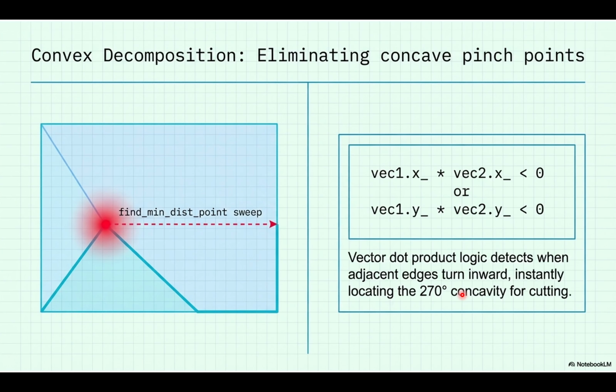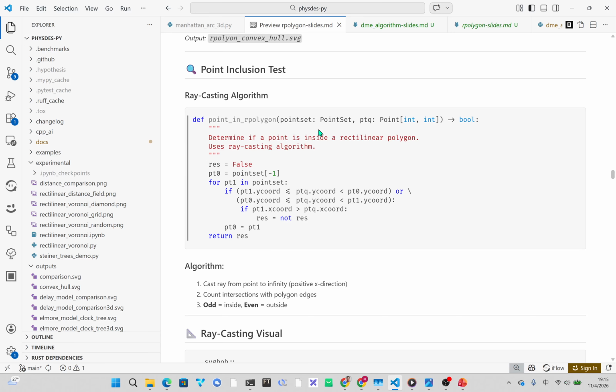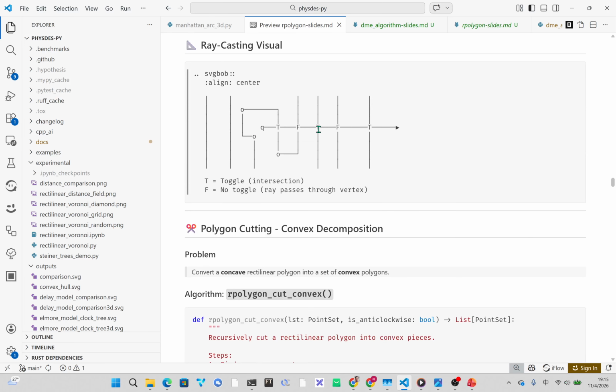We've talked about how VLSI routing generates these massive, sprawling, concave shapes. Monoliths. Right. But the physical manufacturing machinery and the standard cell placement algorithms cannot always digest monolithic geometry. They choke on it. So sometimes you must forcefully convert a huge snake-like polygon into a neat set of smaller, primitive convex rectangles. Right, you have to chop it up.